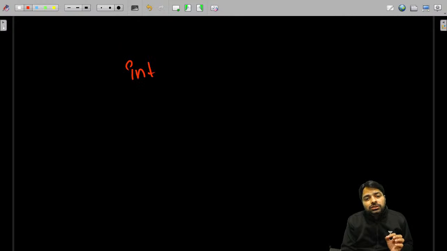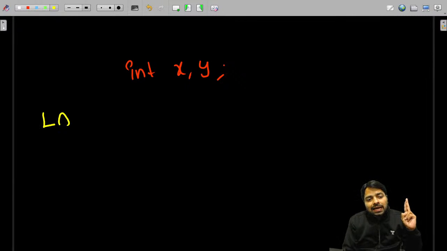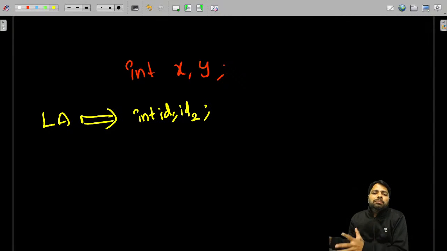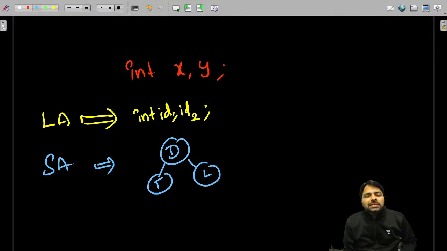in C language, three things are happening. In lexical analysis, int id comma id, id1 comma id2, and semicolon is not important in syntax. In syntax analysis, it makes a tree for that. Okay, D and T, L, semicolon is its choice.